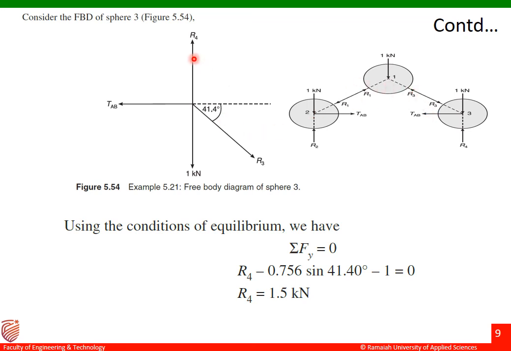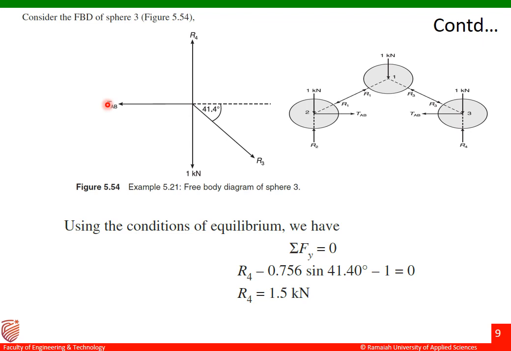So all these forces are written over here, that is R4 is acting upwards, that is the reaction. Weight is coming downwards, that is 1 kilonewton, and then we have the reaction coming from the sphere 1, that is represented as R3, and next one is the tension in string AB, that is represented as TAB over there.